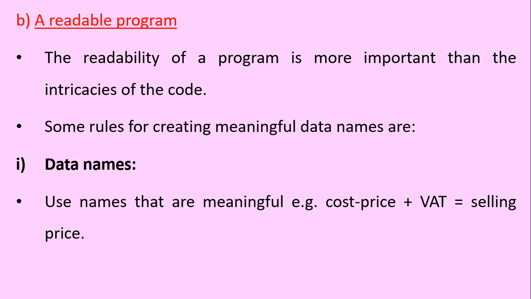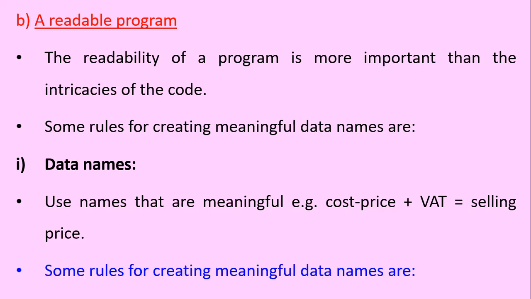For example, cost_price. That symbol there is an underscore, not minus. This is because if it was written as cost minus price plus VAT, the meaning would automatically change. So, in terms of variable names, it is cost underscore price. That is one word.